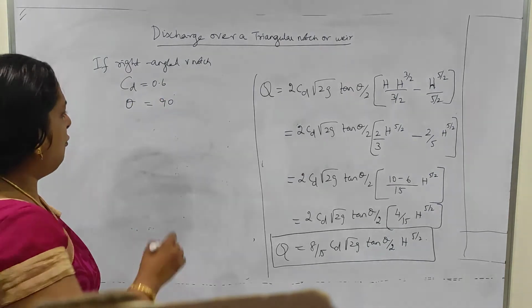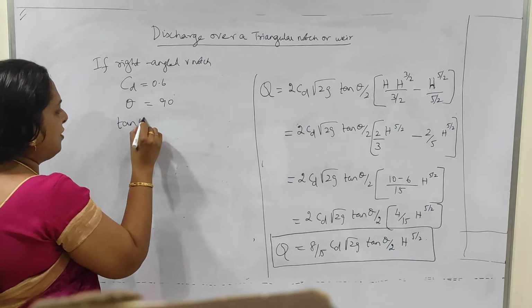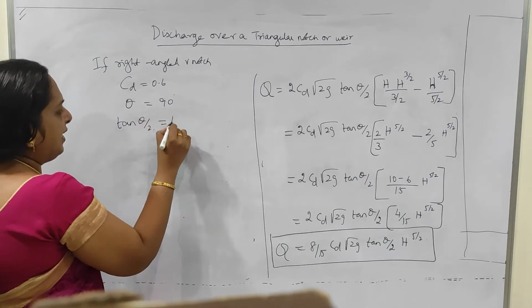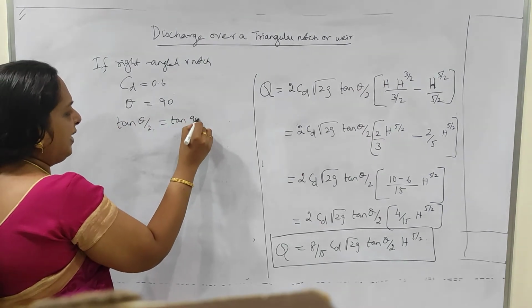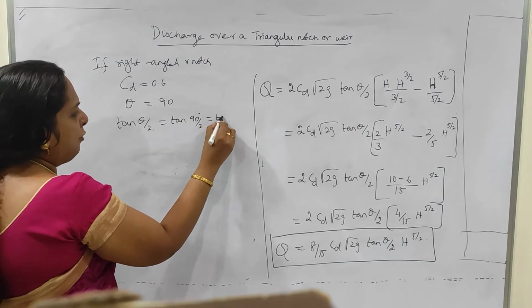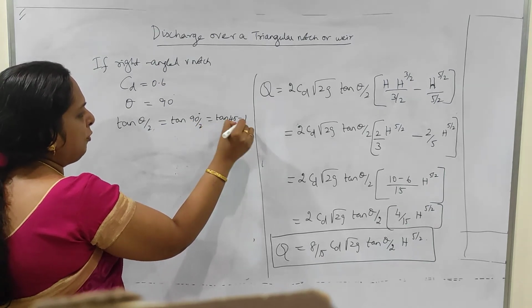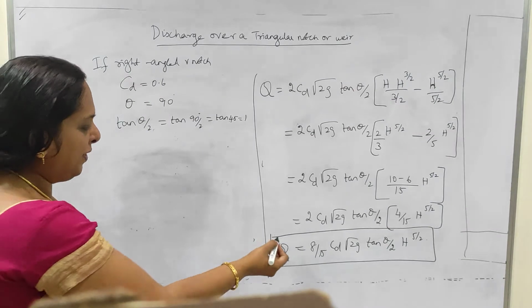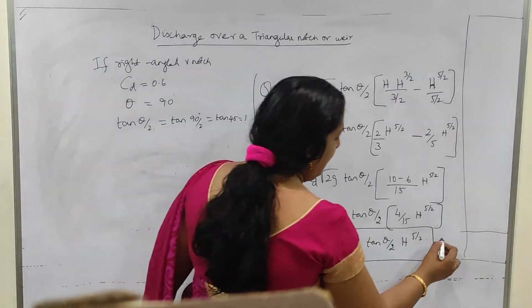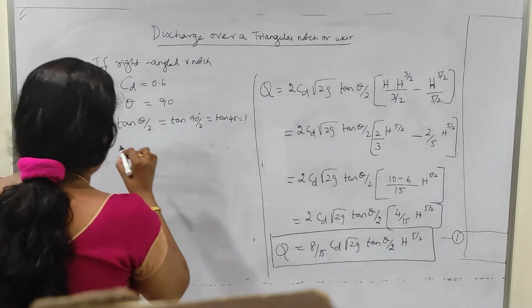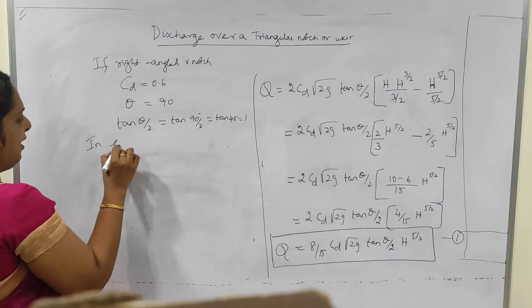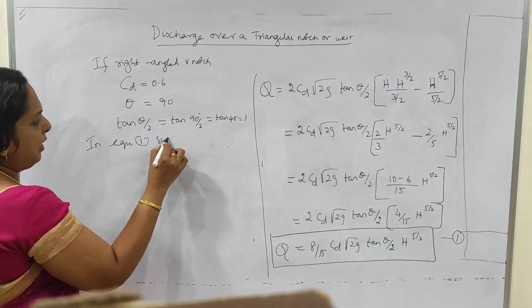So now what I am going to do is, what is tan theta by 2? Tan theta by 2 is tan 90 by 2, so that is equal to tan 45, which is equal to 1. So what happens to my equation now? In equation 1, substitute these values.